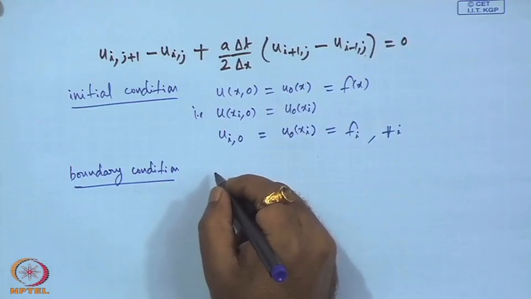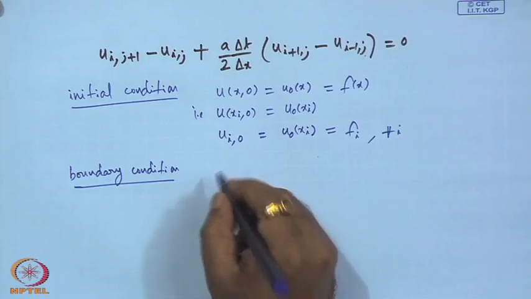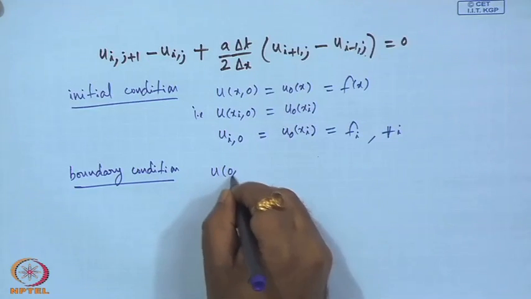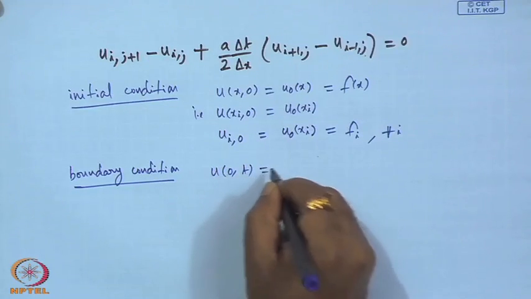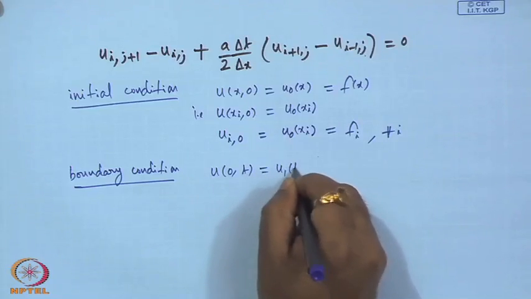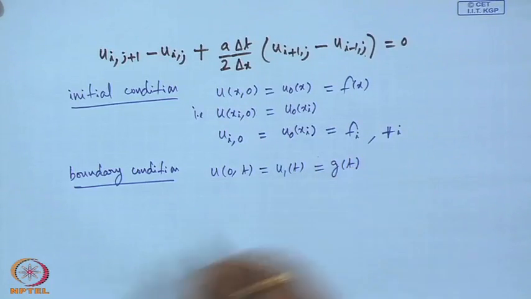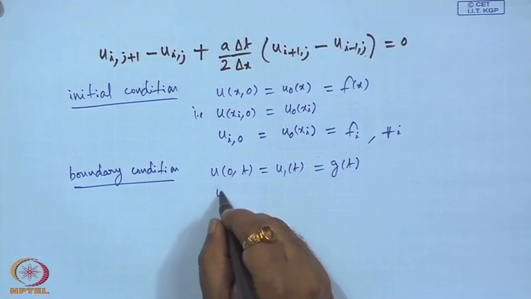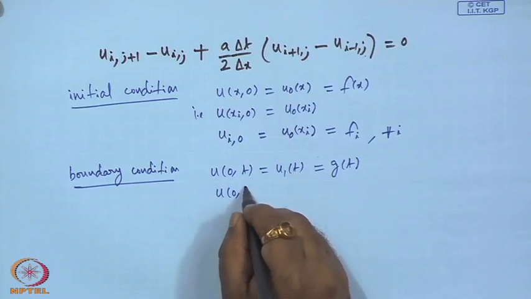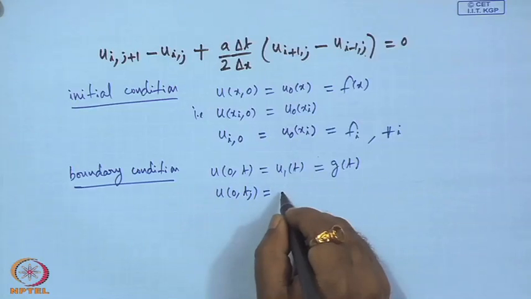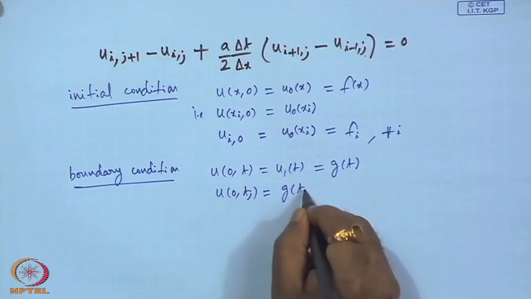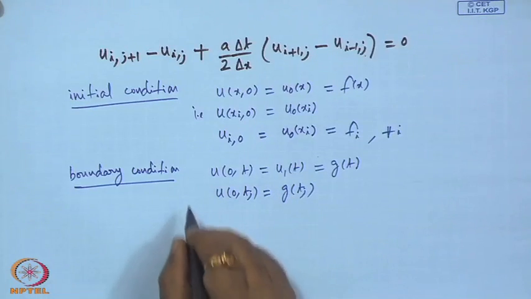Similarly, the boundary condition we have u 1 of t, say some g of t. So, this is u(0, t_j) equals g of t_j.